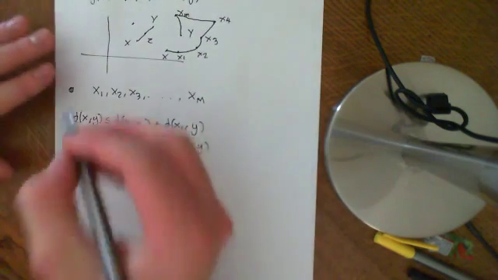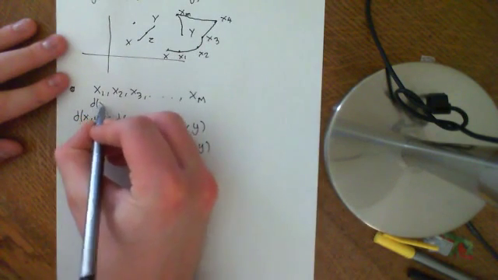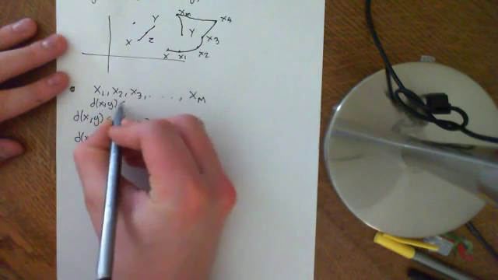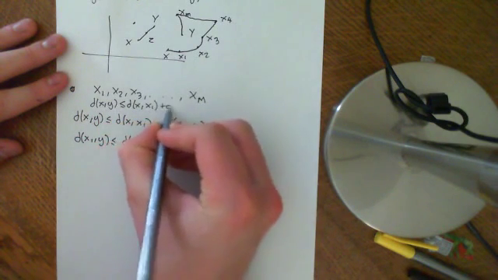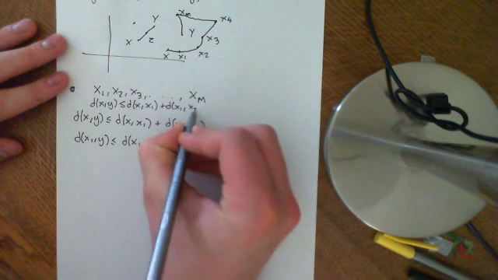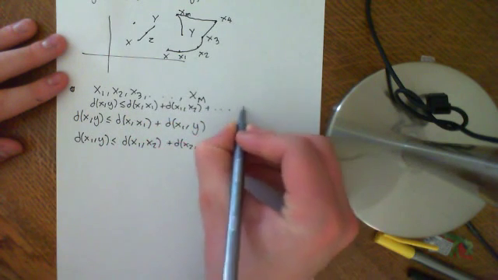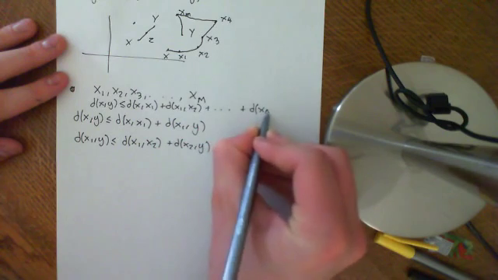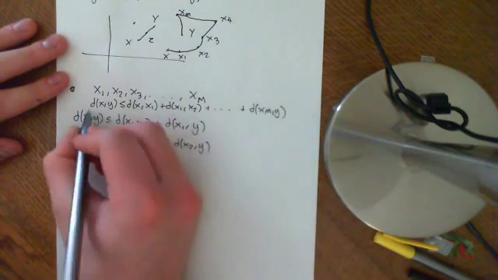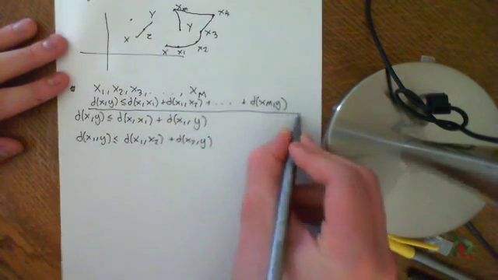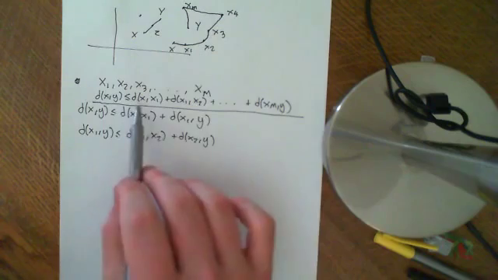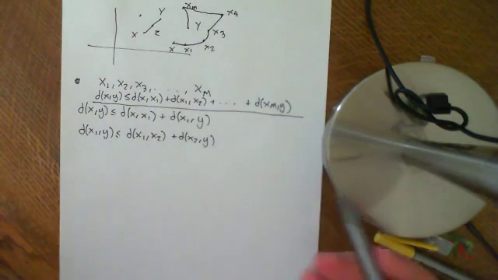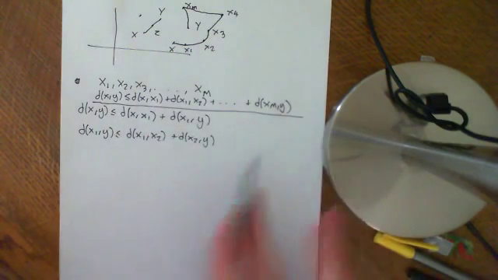So the overall theorem is that the distance between x and y is less than or equal to the distance between x and x1 plus the distance between x1 and x2 plus all the way up to plus the distance between xm and y. That's the generalization of the triangle inequality: if you take a finite number of points between x and y, then this inequality holds.